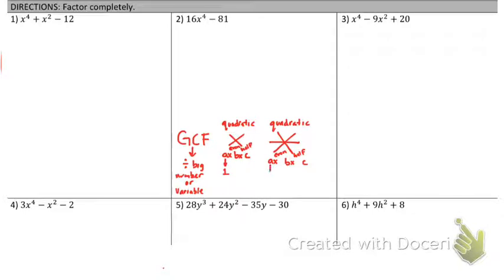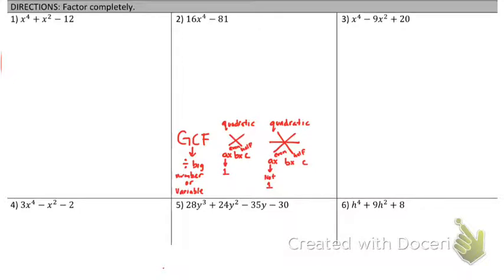The only difference now is our A value is not 1. An example of this would be number 4. It has the pattern: 4, half of 4 is 2, and then no variable, and our number in front is not 1, it's 3. You'll see the patterns are pretty simple. You just have to start recognizing them.